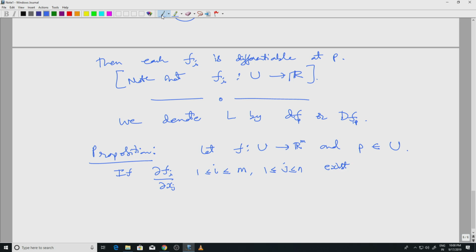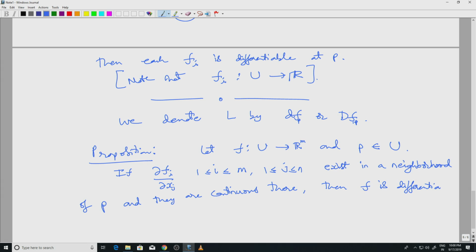So if the partial derivatives exist in a neighborhood of P, not only should they exist in a neighborhood, and they are continuous there, then f is differentiable at P.